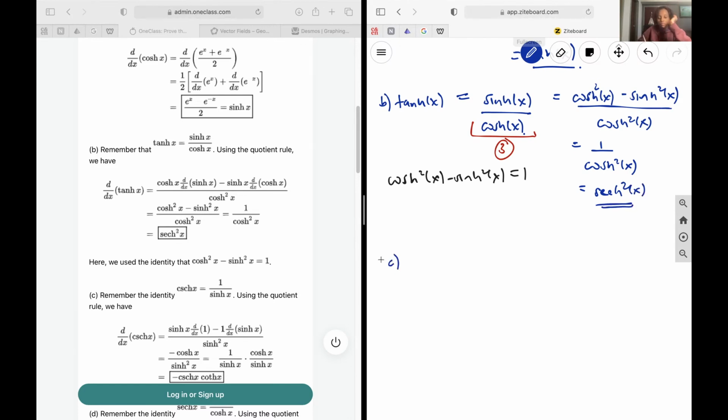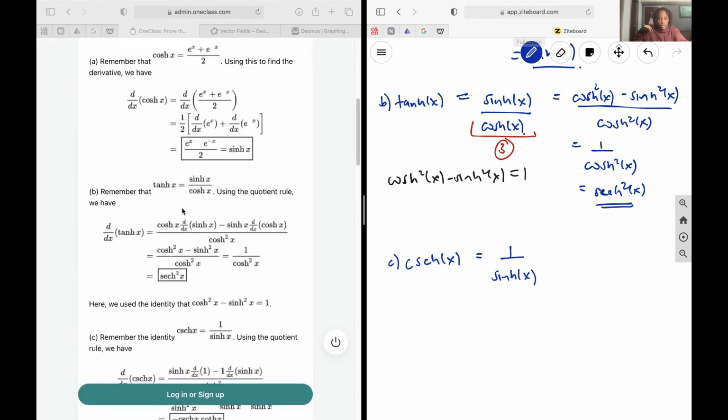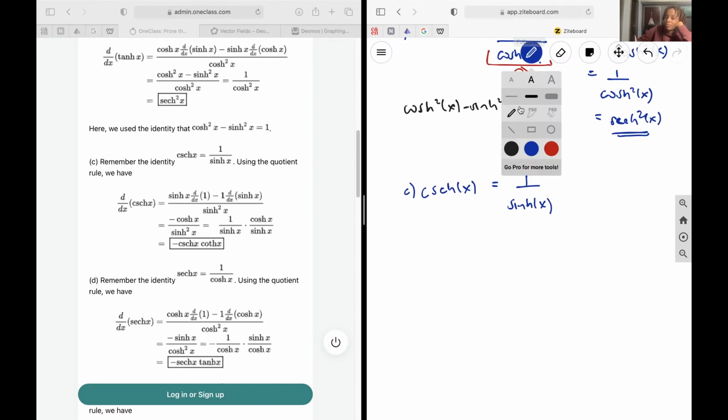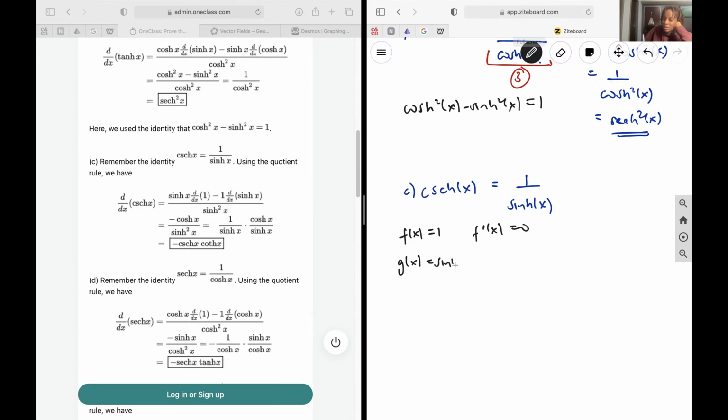Okay, next up, for our third one, we are looking for cosech x, which is 1 over sinh x. Just ensure that's what we're finding. Okay, and so we're going to use a similar rule as to what we had before with the quotient rule. So f of x is 1, the derivative of that with respect to x is 0. g of x is sinh x, and the derivative of that is cosh x.